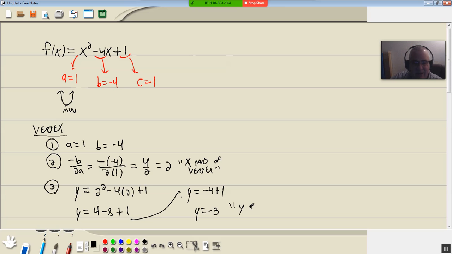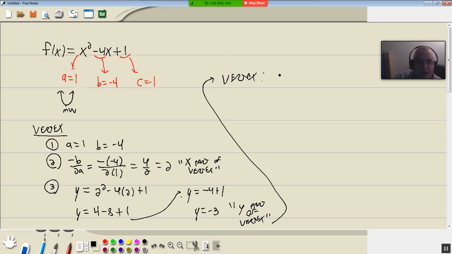And this is the y part of the vertex. So our vertex is going to be, from step 2, it's 2, and from step 3, it's negative 3. So our vertex will be (2, -3).